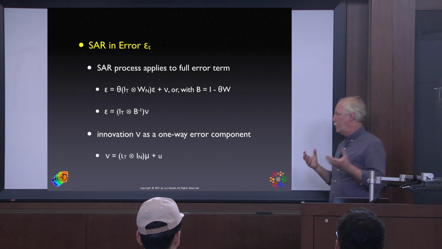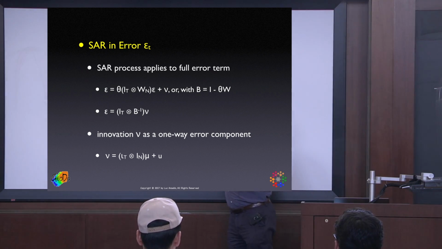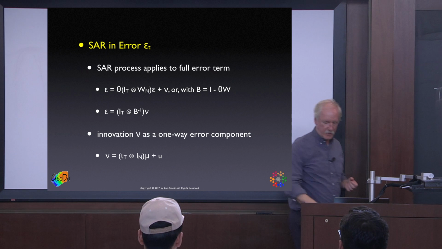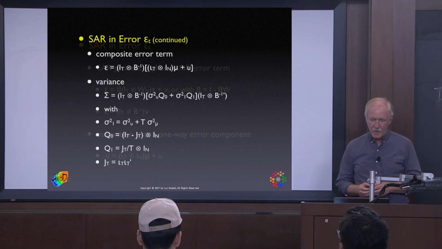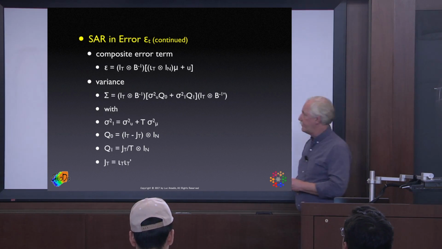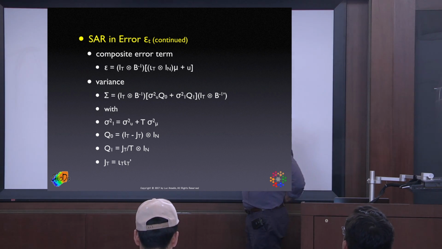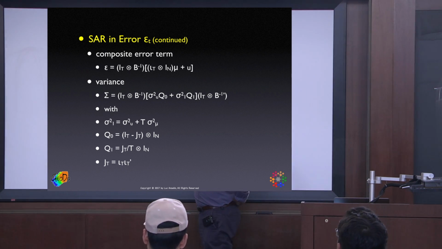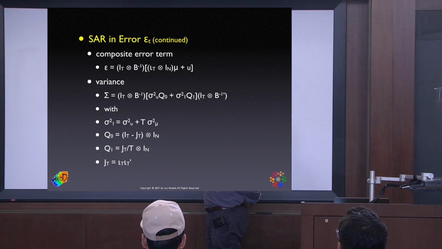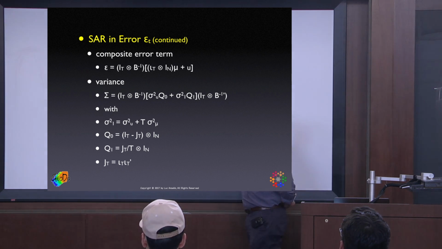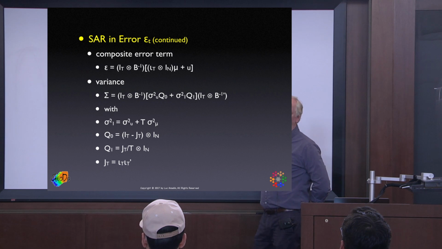And so then the transformation applies to this composite error term, and it becomes a little more complicated, but in fact, this is the standard random effects specification for the error term. The B inverse transformation is applied to this whole thing, one period at a time. And then the variance, as it turns out, this may look complicated, but it's actually much simpler than the other one.